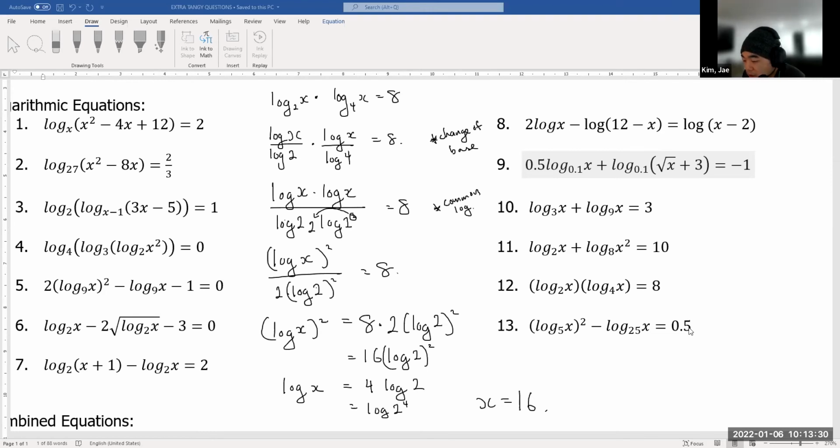Okay. Log of 1/16 divided by log of 2, multiplied by log of 1/16 divided by log of 4. Oh, it does work.